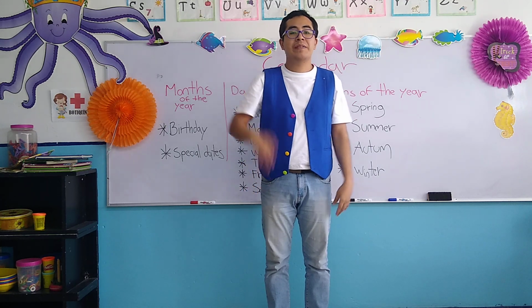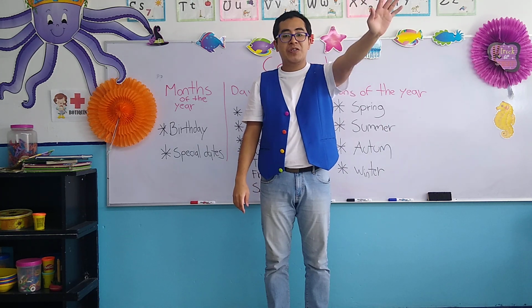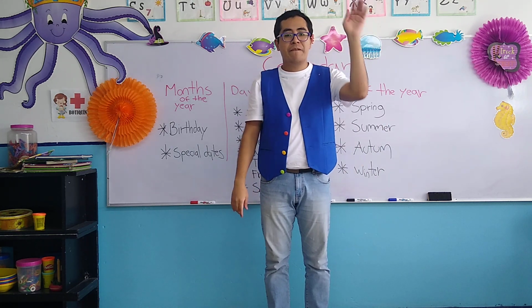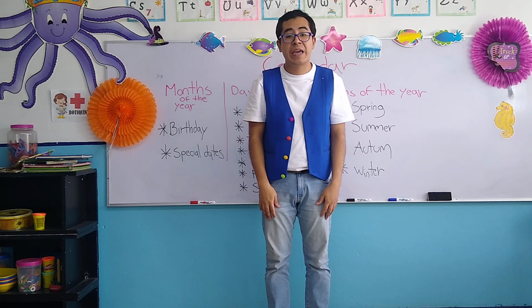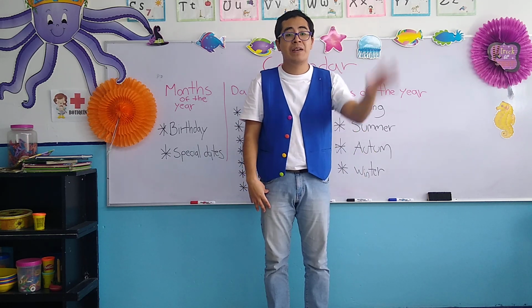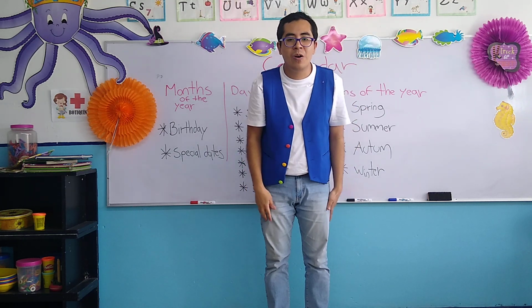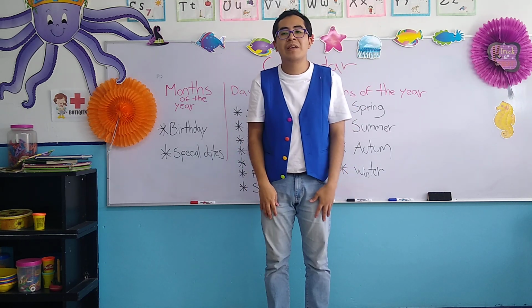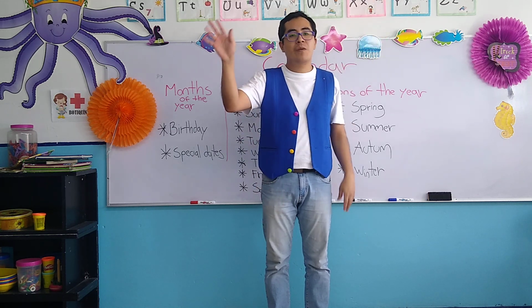Tuesday, martes. Wednesday, miércoles. Thursday, jueves. Friday, viernes. And we start with the weekend. Comenzamos con fin de semana. Saturday, sábado. And we start all over again, y empezamos desde el inicio, with Sunday, domingo.